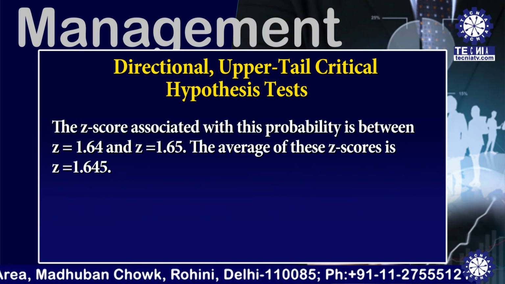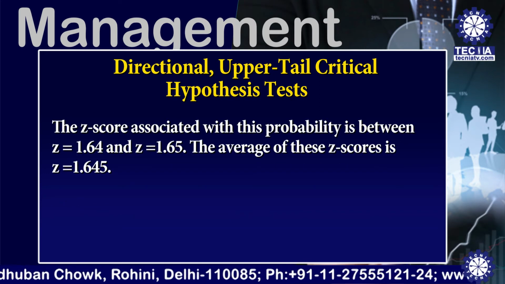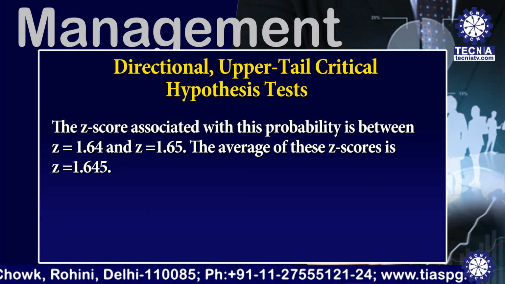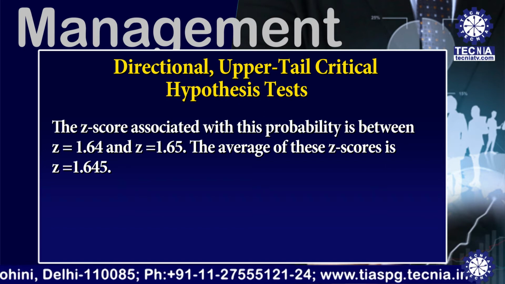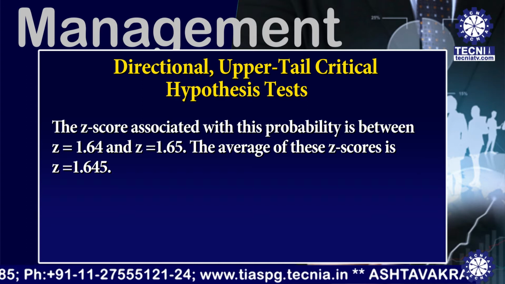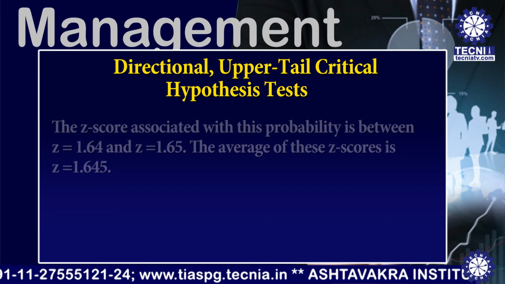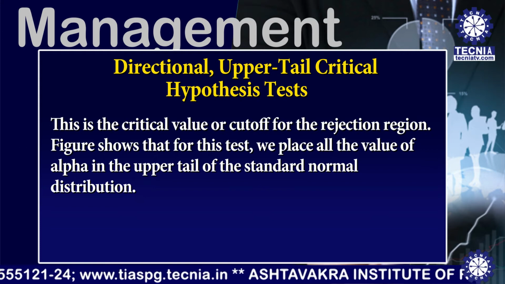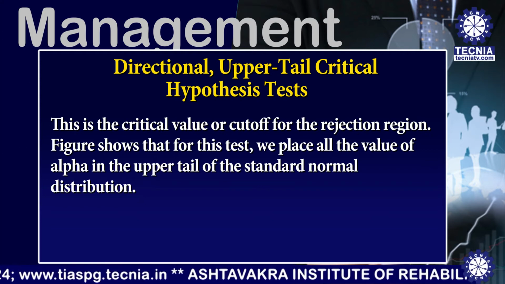The Z score associated with this probability is between Z equal to 1.64 and Z equal to 1.65. The average of these Z scores is Z equal to 1.645. This is the critical value or cutoff for the rejection region.